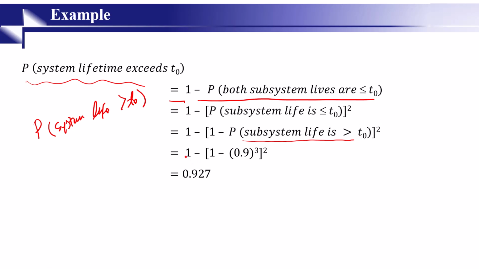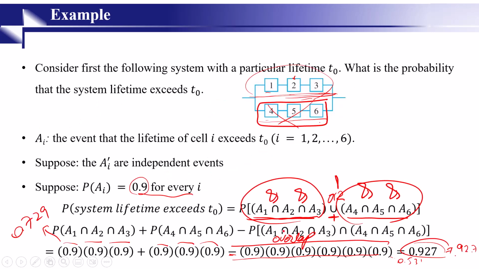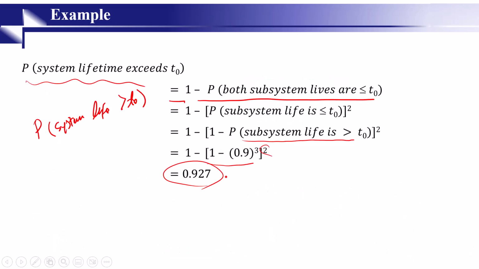It can be said as 1 minus (1 minus 0.9 cubed) squared. Then finally we come to here, right? So the two methods give us the same answer, but from different angles.